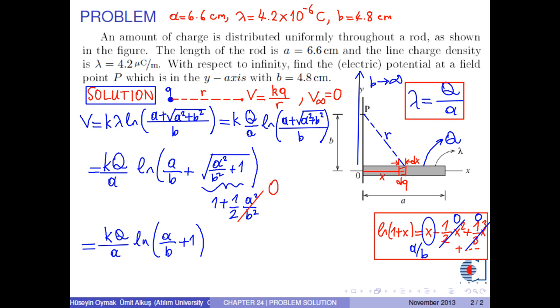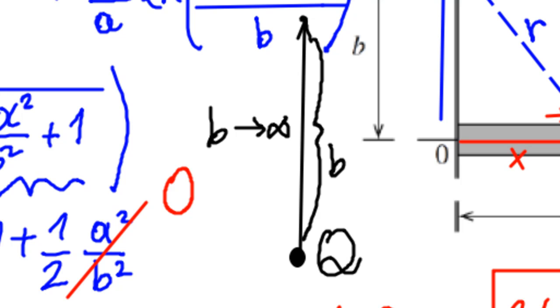As a result, we have x, a over b. The a's are cancelled, then we get kq over b. This result is reasonable because at an infinite point, the line charge behaves as a point charge.